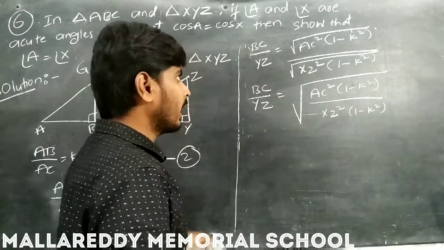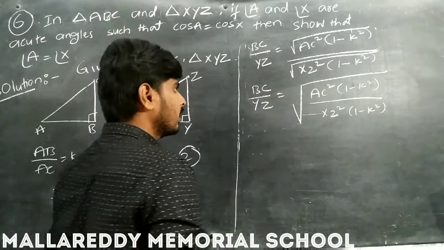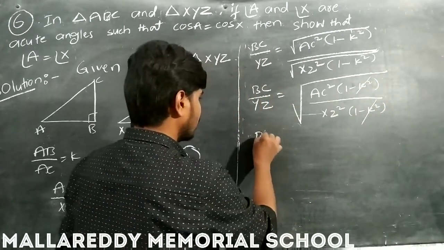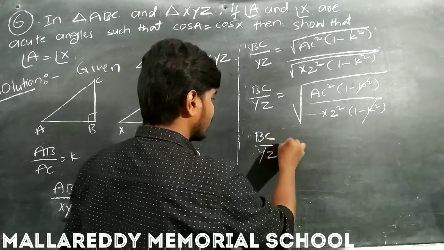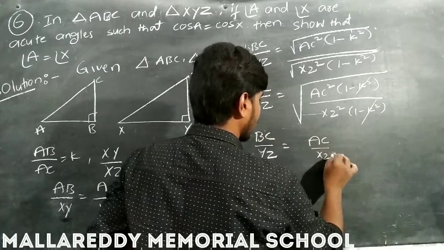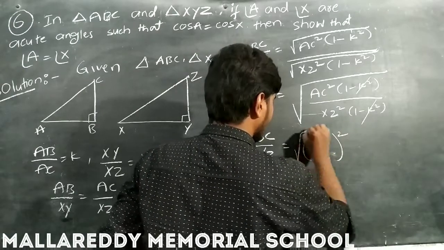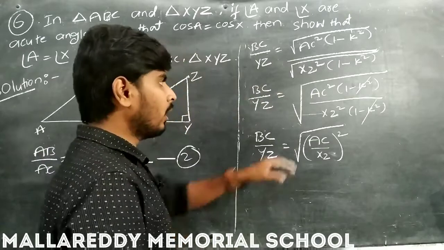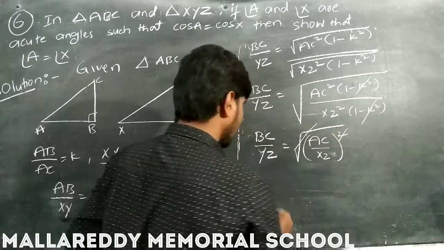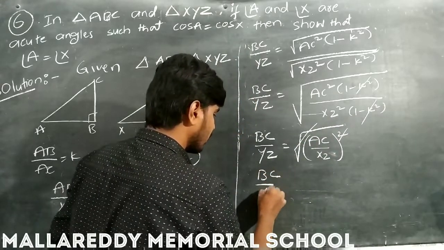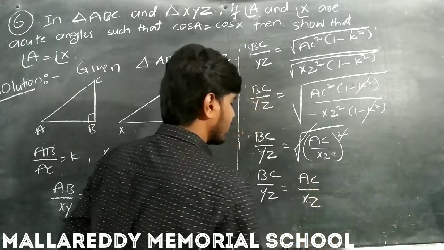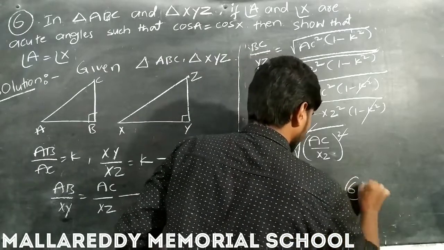Can we write like that? Yes. This 1 minus K square and 1 minus K square get cancelled. BC by YZ is equal to the root of AC by XZ whole square. I am writing the common square. Now this square and this root get cancelled, remaining BC by YZ equals AC by XZ. Consider it equation 6.